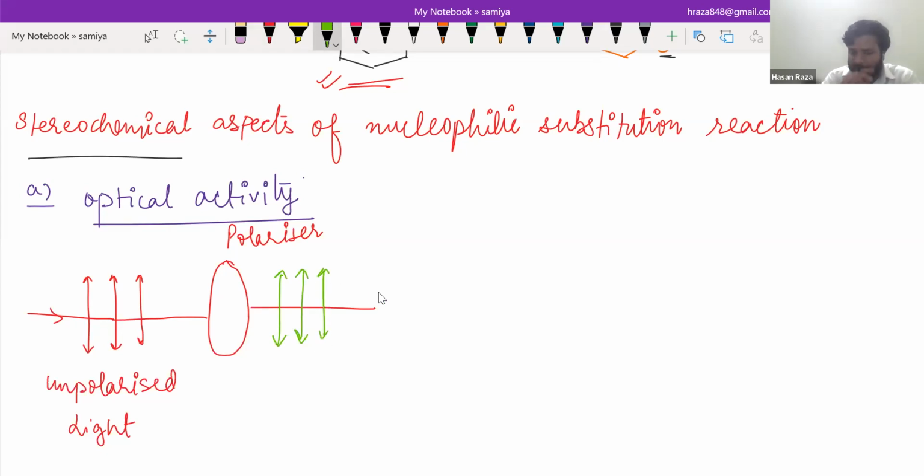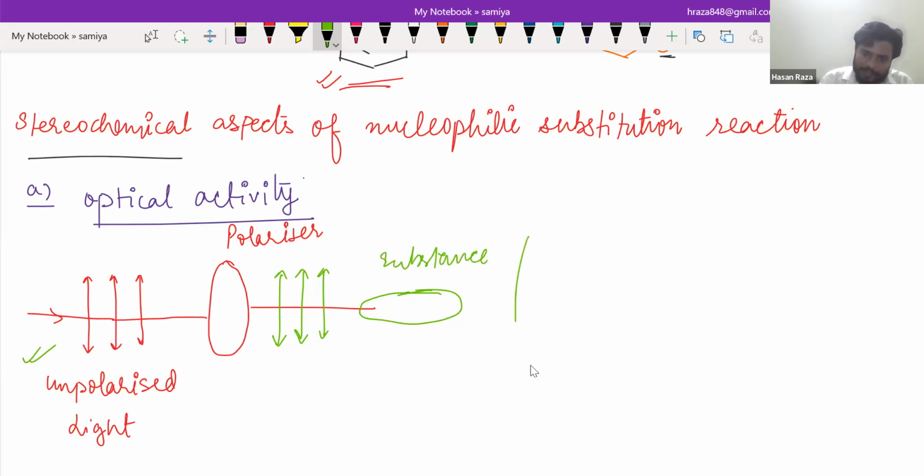After this, the polarized light will be passed through a compound for which we are going to check whether this compound or substance is optically active or not. This polarized light will pass through a substance or a compound.